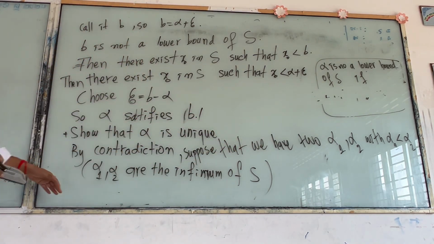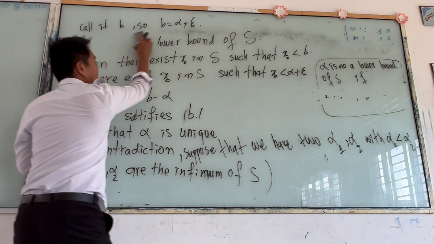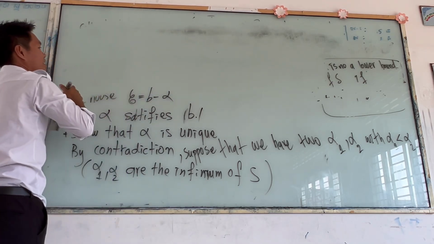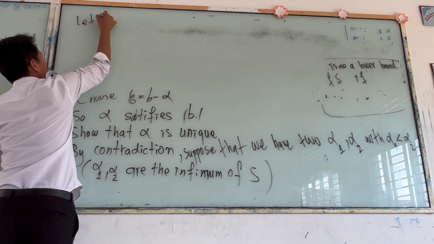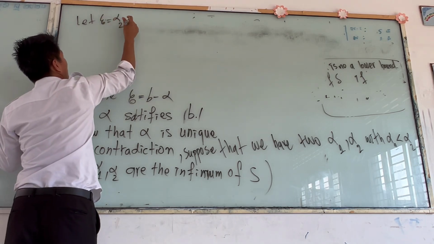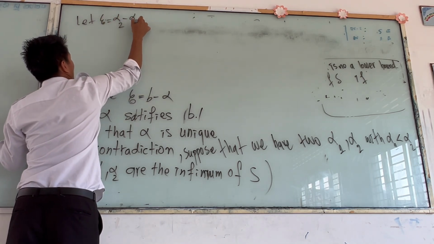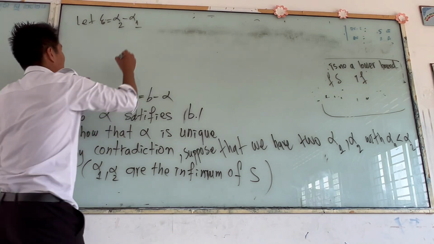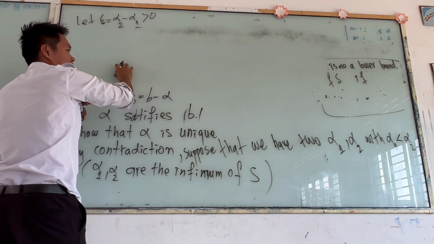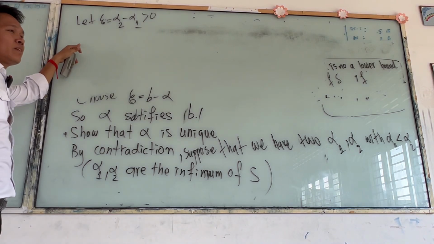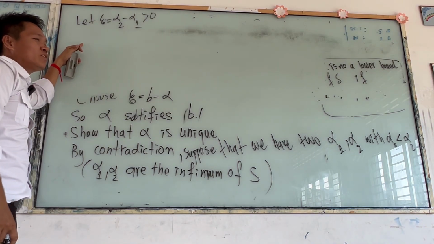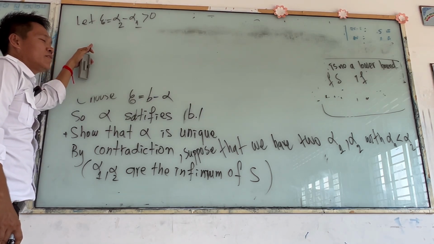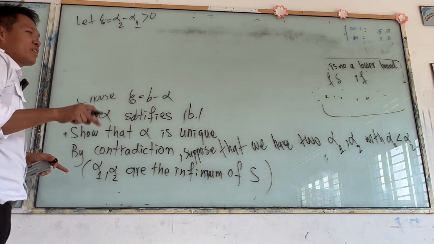Suppose that we have two alpha 1, alpha 2. Let epsilon equal alpha 2 minus alpha 1. Exactly, alpha 1 is less than alpha 2, so epsilon is greater than 0. And from condition B, you remember condition B?